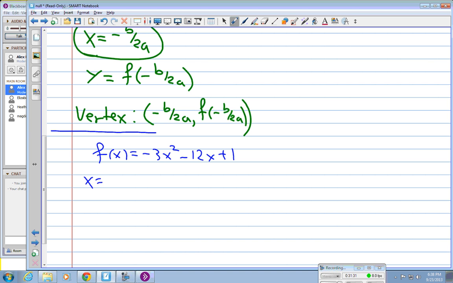The x value, negative b over 2a, so it's negative of negative 12 divided by 2 times negative 3, right? Negative b over 2a, which is positive 12 over negative 6, which is negative 2. Okay? And that's exactly what we got for the x location of the vertex after we completed the square.